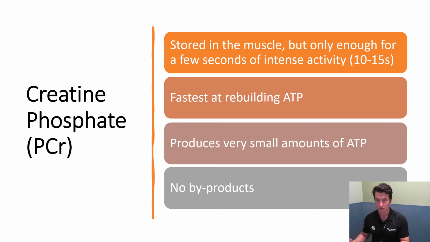Phosphocreatine helps us to replenish ADP into ATP really quickly. We can split off a spare phosphate, add it to our ADP, and we have ATP again, but we have limited stores of both the ATP that we're using and the creatine phosphate. It's the fastest way to rebuild, produces very small amounts of ATP, and there are no byproducts. So for really short bursts of intense activity, we have that system set up to replace and regenerate ATP.